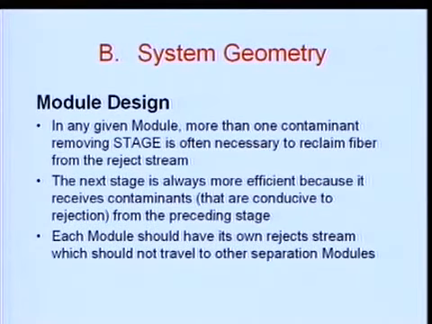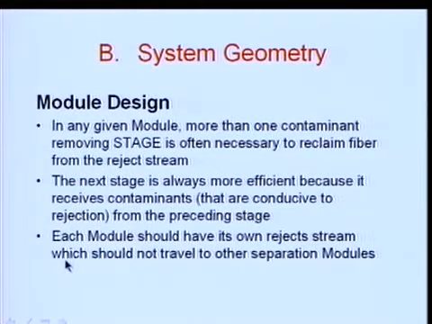And always the next stage is more efficient because it receives contaminants that are conducive to rejection from the preceding stage. Now, these contaminants have already been rejected once, and if the second stage, like for example in a screen, the slot sizes are the same or smaller, you are going to get rejected. And each module should have its own reject stream, which should not travel to other separation modules, and I just showed you an example of that previous example.